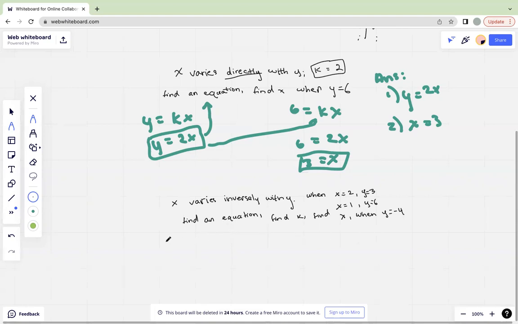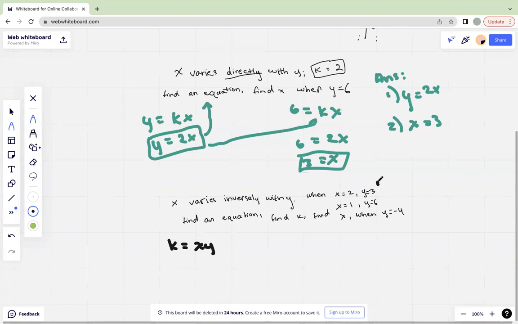So what we know is that the equation to solve inverse proportion is, or the value is, k is equal to x times y, right? So say we have this. Let's plug in the values here.